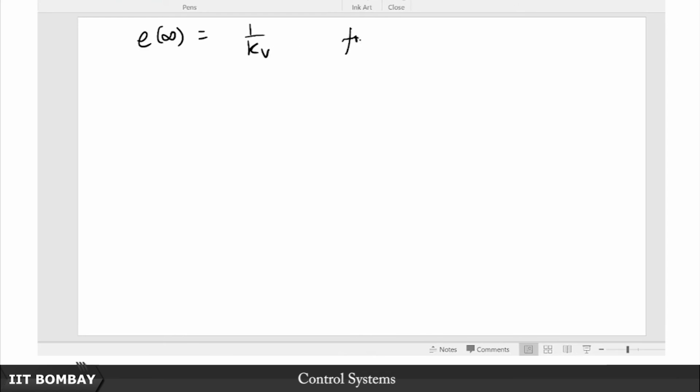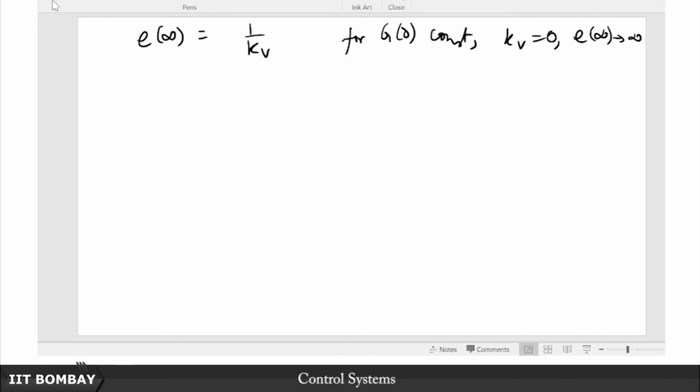So for G of 0 constant, we have Kv equal to 0 and E of infinity tends to infinity. So if you have a plant with no integral modes, and if you are applying a ramp input to it, your steady state error will be infinite.